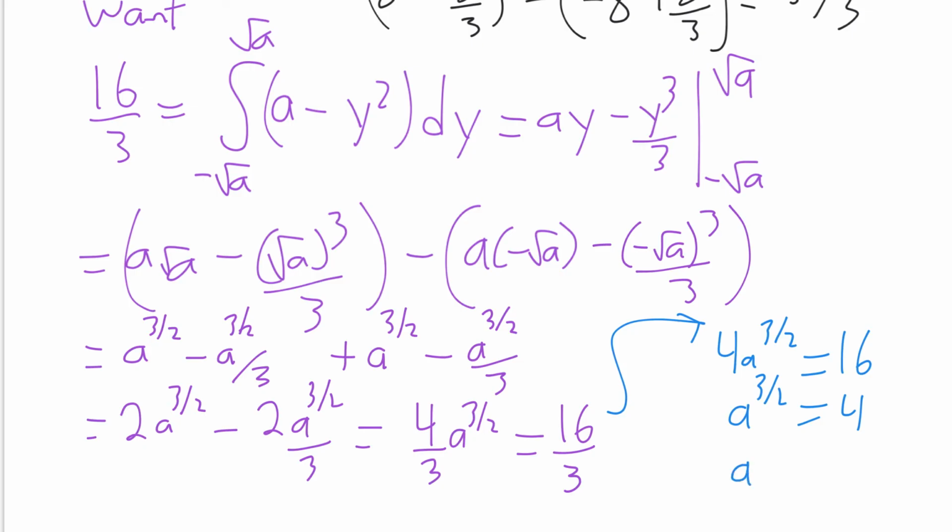And so A will equal 4 to the 2 over 3, which is just a number. If you want, A is equal to the cube root of 16. And for homework, you can take that value of A, and you can actually plug it into the integral here, and see that you do indeed get 16 over 3.